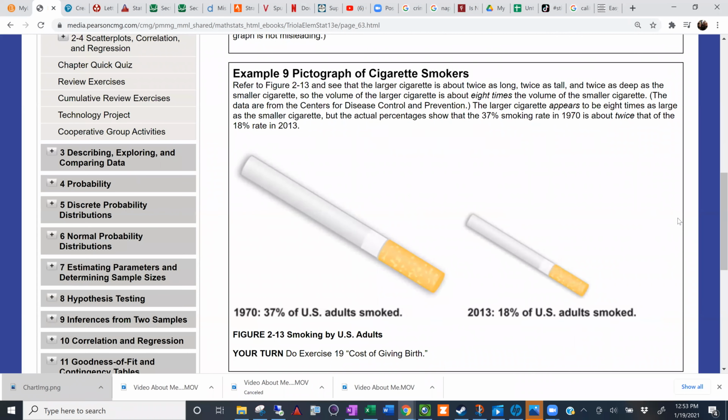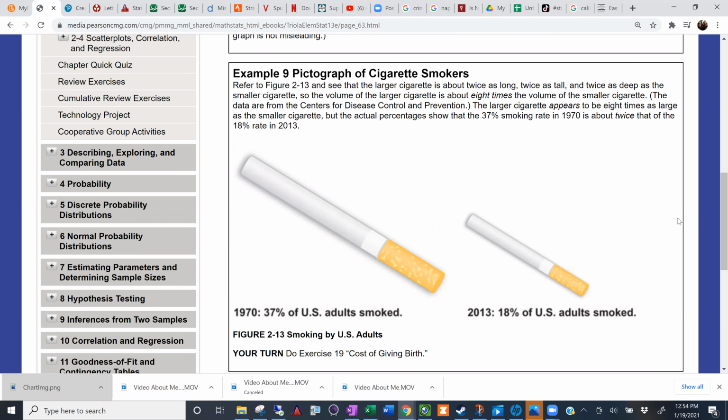Now, let's look down at this one here. To pick a graph of the number of smokers, in 1970, we had 37% of adults smoke. In 2013, down to 18%. And it's represented by these two cigarettes.